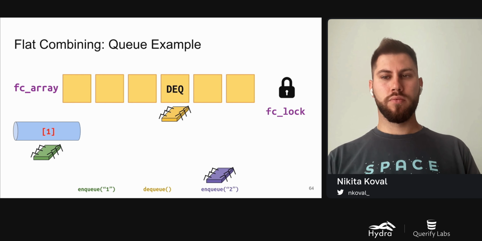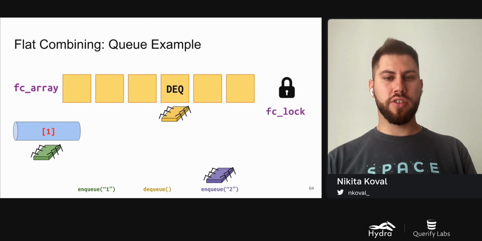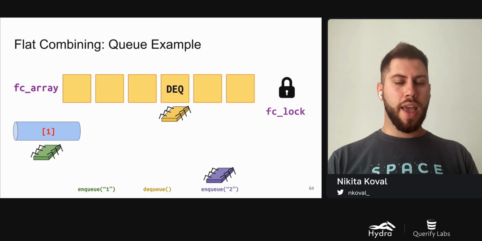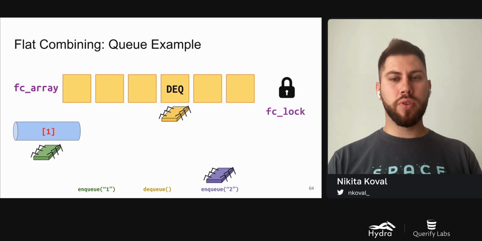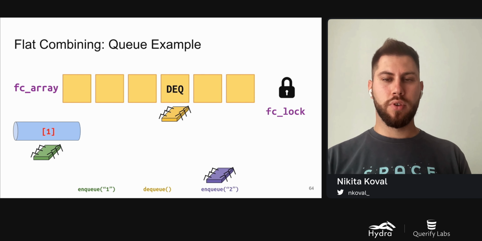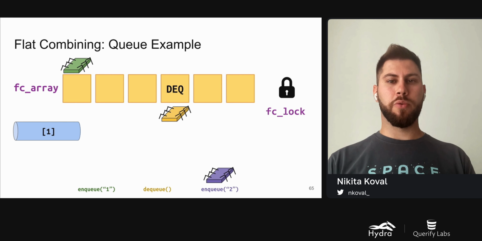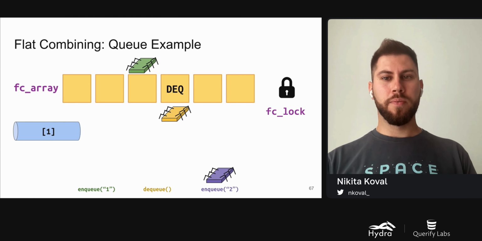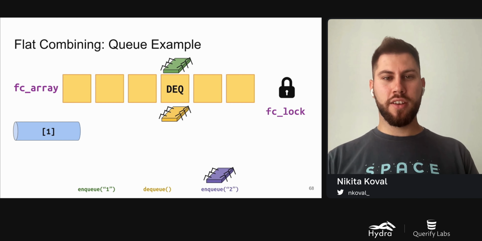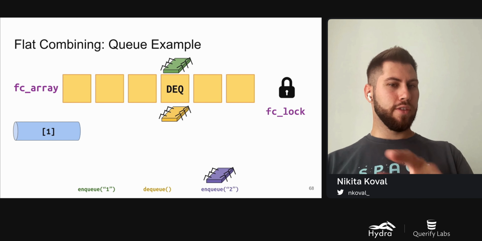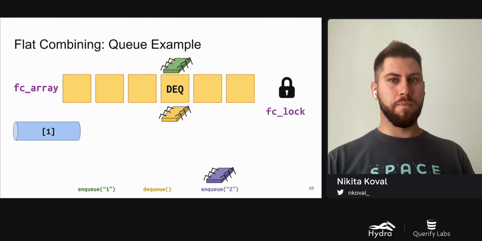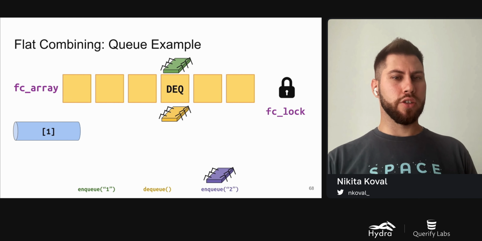After that, for example, the green thread continues, inserts the element, and goes through the array to help the others. So it goes to the first cell, to the second, to the third, to the fourth. Now it sees, wow, there's a DEQ operation. I should help it. Why not?